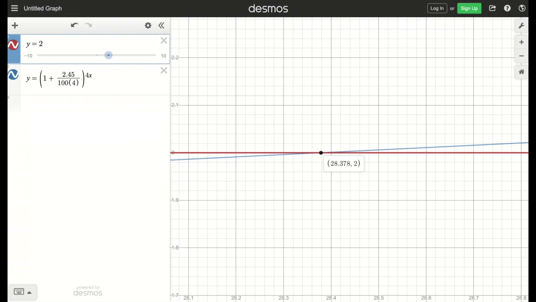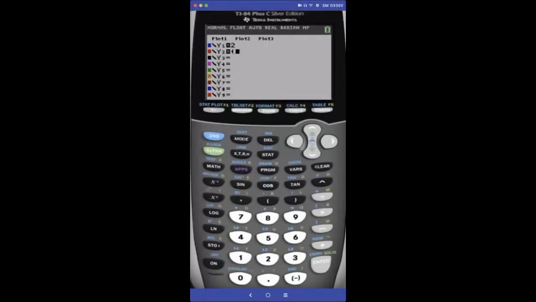If you have a graphing calculator, I'll show you on here. Y2 is, change my window so I can find it. So it's 0, that'll be 35. That'll be 0. That should work. Make that 5.